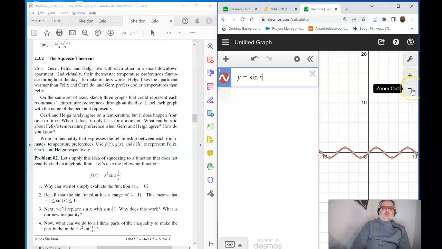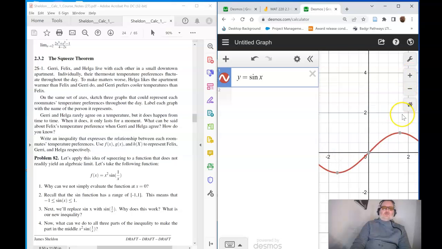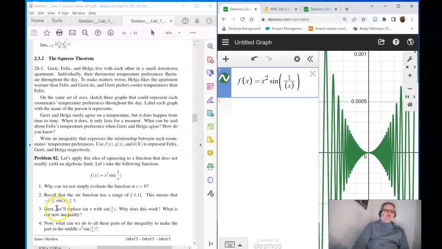And so we see, if we zoom in, that sine x is defined between -1 and 1 inclusive. So what we can conclude from that is that -1 is less than or equal to sine x is less than or equal to 1.